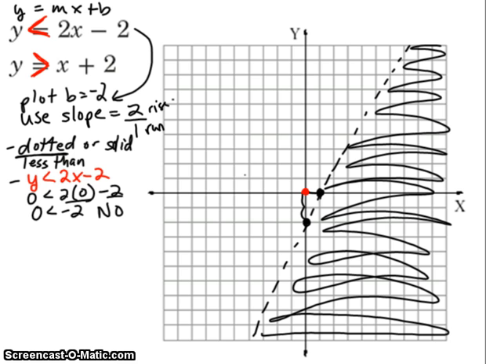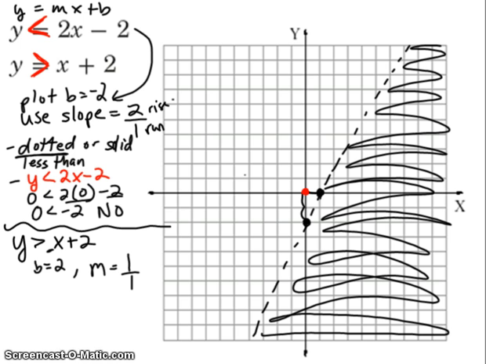Okay, second problem. Let's graph it. We have y is greater than x plus 2. Let's graph this. Plot b. In this case, b is positive 2. And the slope is, right here, what's that? It's 1, or 1 over 1. So positive 2. Let's do this one in blue.